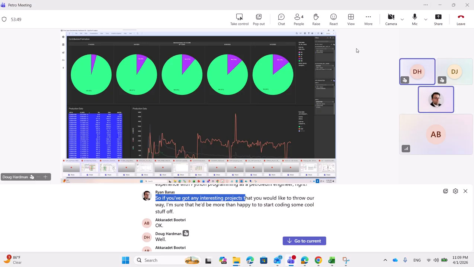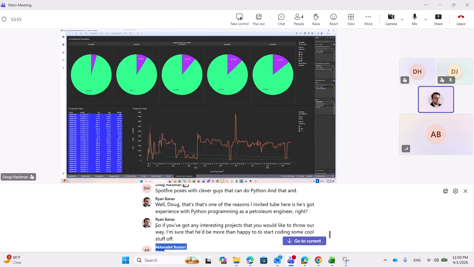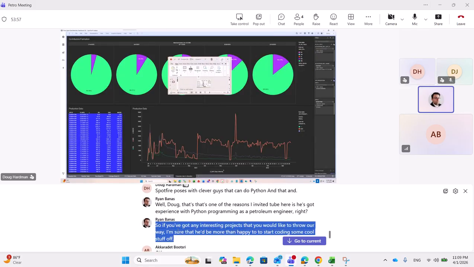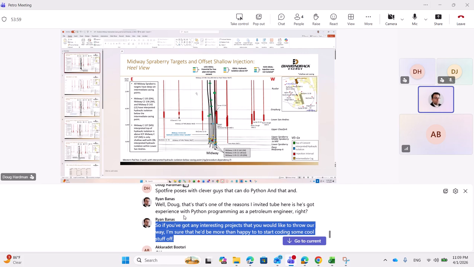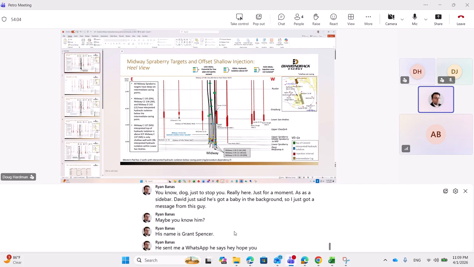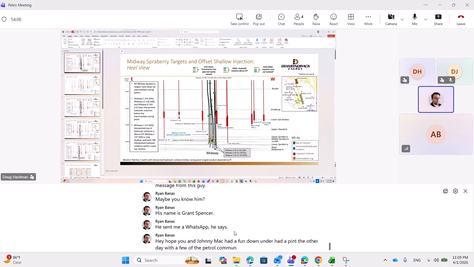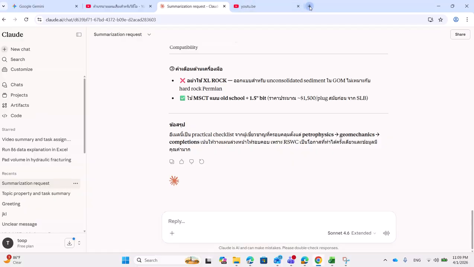Doug, just to stop you for a moment, as a sidebar, David just said he's got a baby in the background. I just got a message from this guy, maybe you know him, Grant Spencer. He sent me a WhatsApp: "Hey, hope you and Johnny Mac had a fun time down under. Had a pint the other day with a few of the Petro community here, Tyler and Gord. How is your baby?